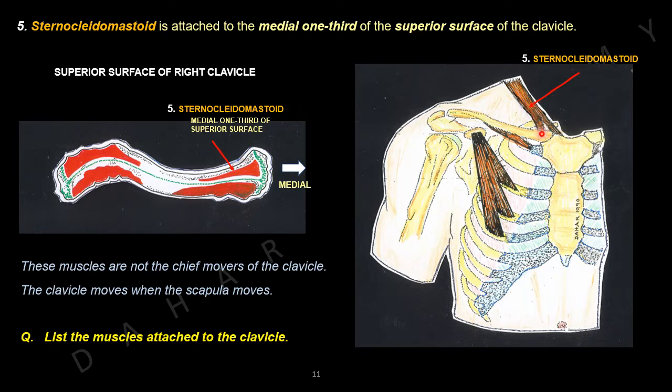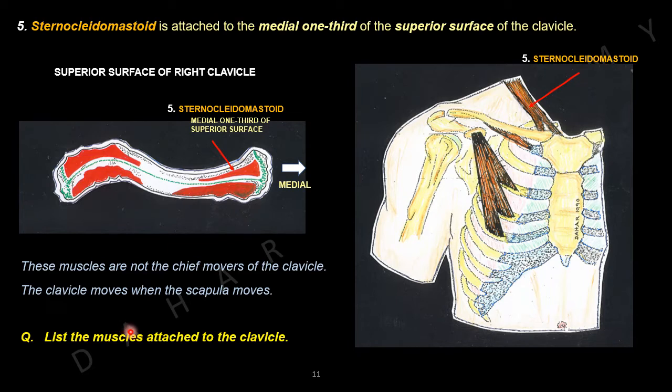Another will be attached to the upper surface of the medial part of the clavicle. In this diagram, this is the superior surface of the clavicle. This is the medial end, this is the lateral end. This clavicular part of the sternocleidomastoid will be attached to the superior surface of the medial part of the clavicle.